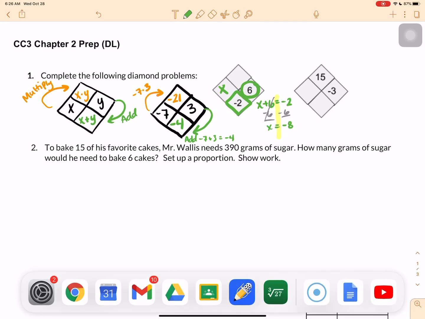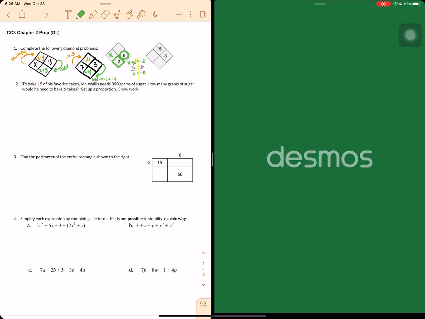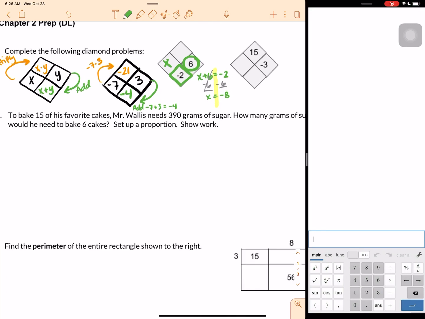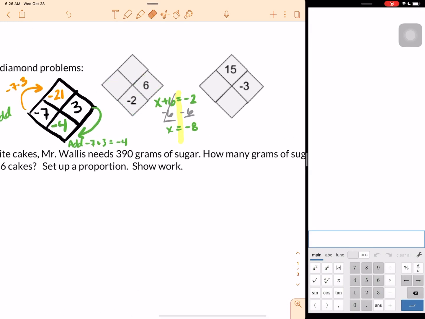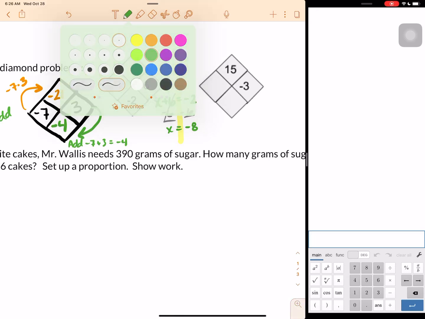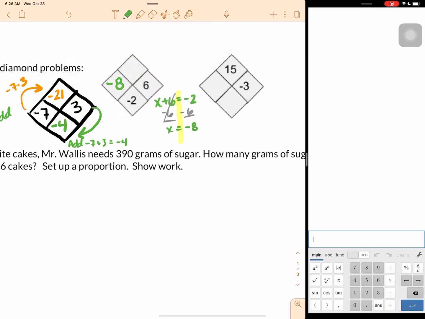So let me pull up my Desmos calculator just so we can confirm that that is correct. If we're trying to find the x here, and if I say that that x is -8, I want to make sure that if I add these two, I get -2. So I'm going to try -8 plus 6 does equal -2.